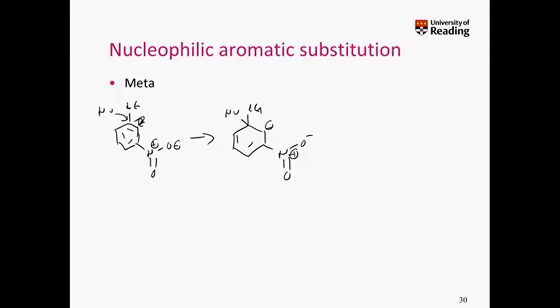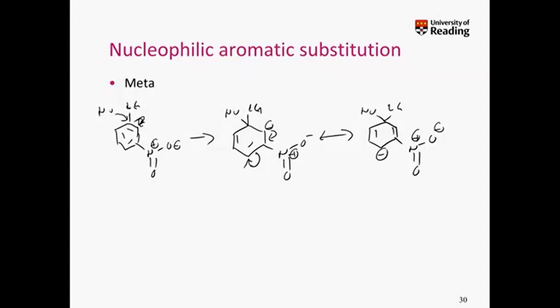Okay, so our negative charge sits there. If we do the resonance structure, well, we form this here. We're not going to break that carbon-nitrogen single bond because we've got this carbon-carbon double bond. So we're actually going to end up with the negative charge at the bottom.